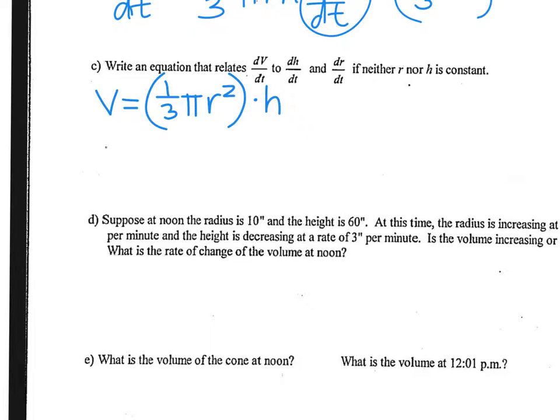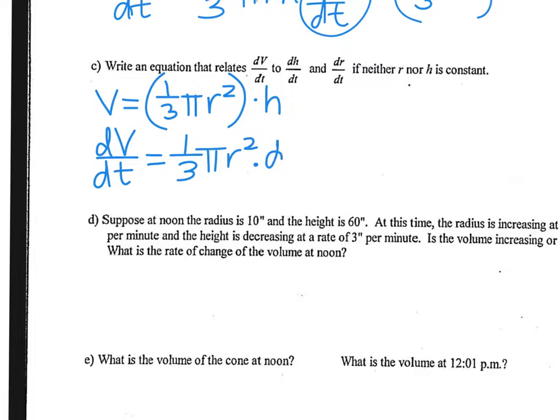So we're going to go dv dt equals a times b prime. So a is this whole part right here, this 1/3 pi r squared, times the derivative of h with respect to t, which would be what? 1 dh dt.